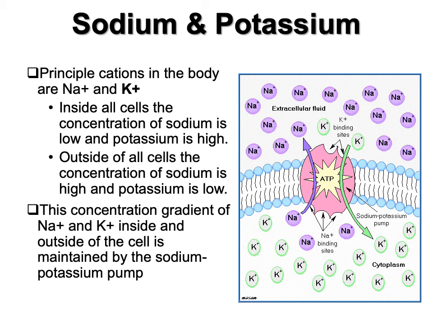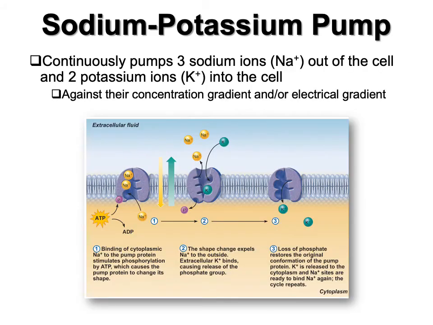This concentration gradient of sodium to potassium inside and out of the cell is maintained by the sodium-potassium pump. The sodium-potassium pump continuously pumps 3 sodium ions out of the cell while simultaneously pumping 2 potassium ions into the cell against their concentration gradients and/or electrical gradient.